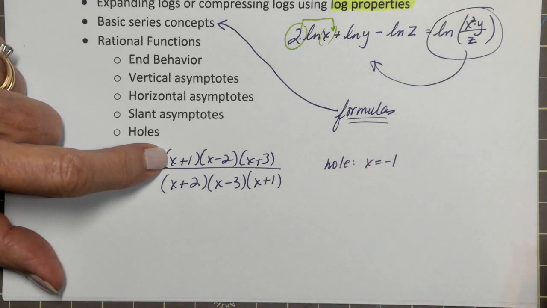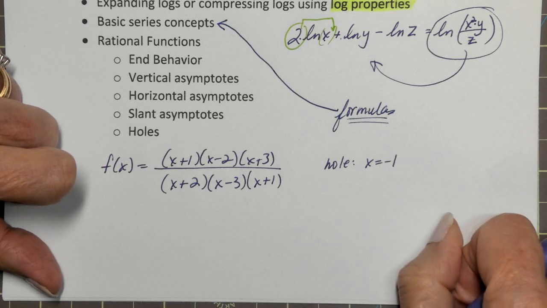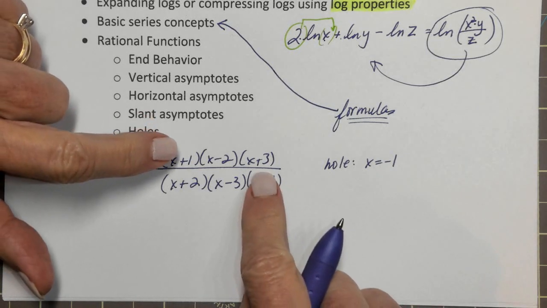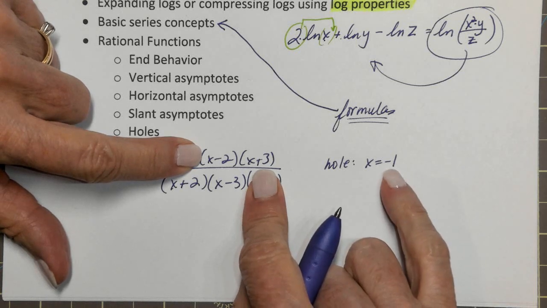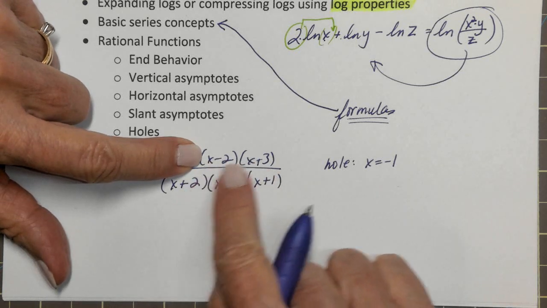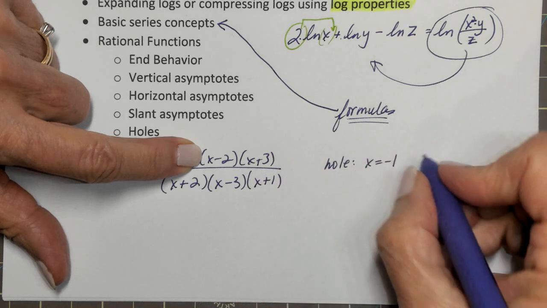How do you find the y value at that hole? To find the y value at that hole, you get rid of these two and you put negative 1 in for the remaining x's to get your y value.